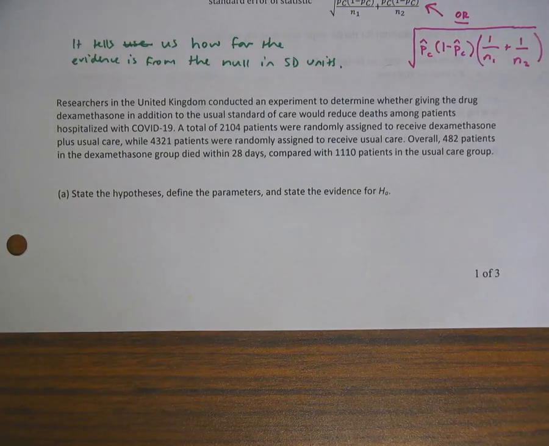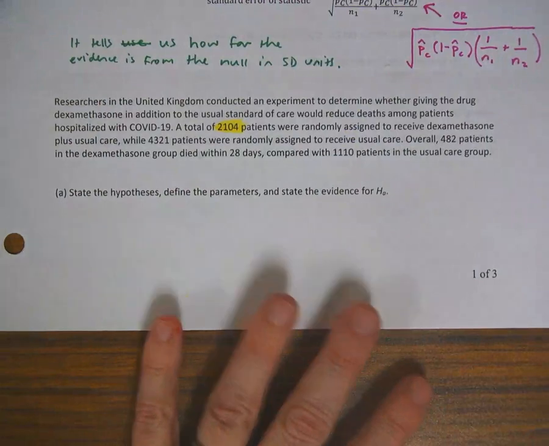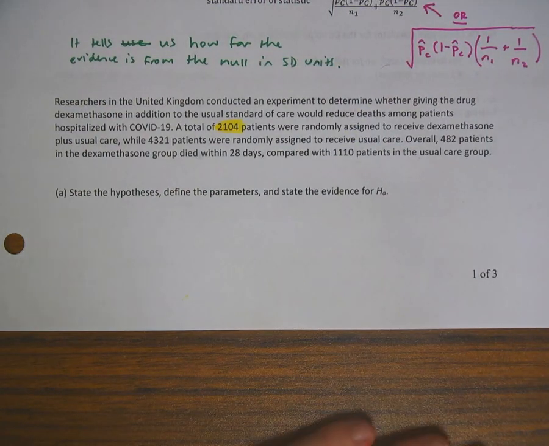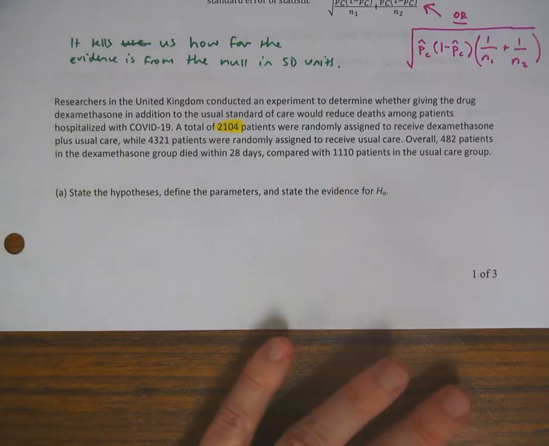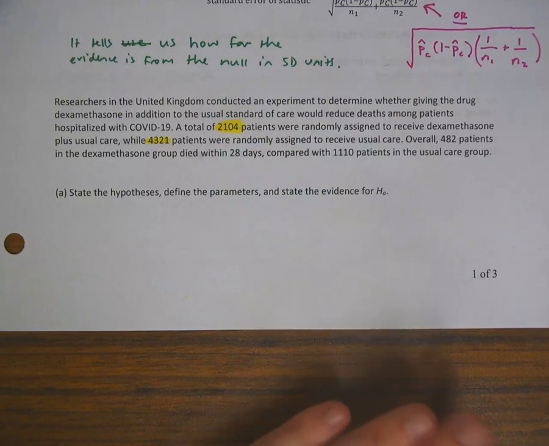A total of 2,104 patients were randomly assigned, so this is an experiment, to receive the drug plus usual care. So there is our first treatment group. And 4,321 patients were randomly assigned to just get the usual care. It's like our control group. They aren't getting the drug.